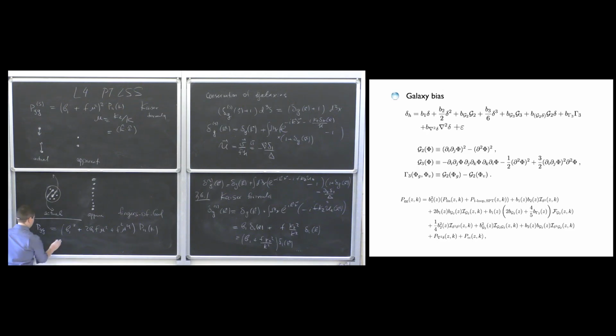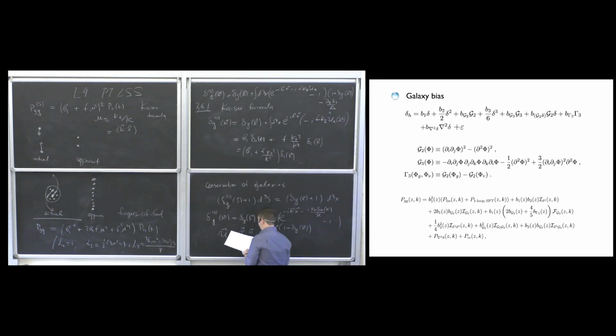So we know that the Legendre polynomial of the zeroth order is 1, the Legendre polynomial of the second order is (3 mu squared minus 1) over 2, and the expression for the fourth order Legendre polynomial is a little more complicated, but also well known.